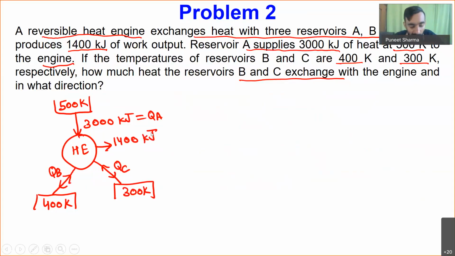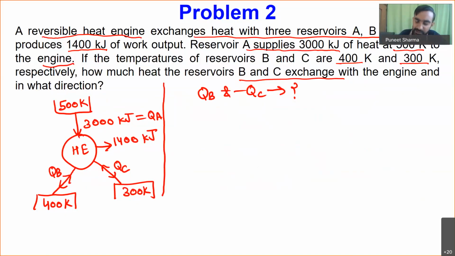Now what we have to do: we have two unknown parameters, QB and QC. If we have two unknowns, how many equations do we require to solve? We require two equations. The very first equation I can write based on the conservation of energy principle.